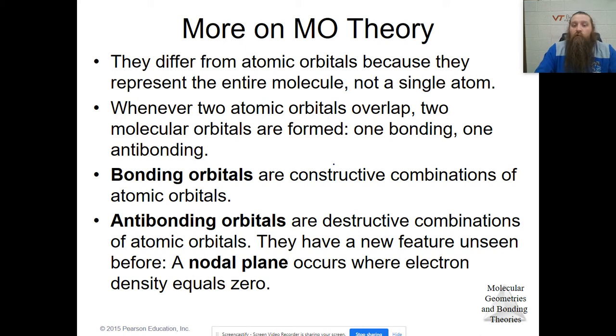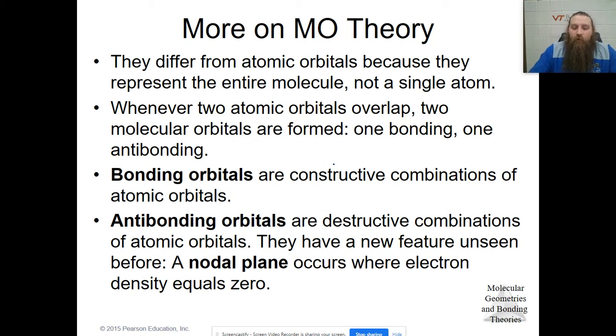One's called the bonding orbital, one's called the anti-bonding orbital. In bonding orbitals, we're taking into effect the wave characteristics, so you have constructive combinations of the wave-like behavior. In anti-bonding orbitals, the destructive behaviors of waves cancel out that molecular orbital. Nothing's going to bond there.